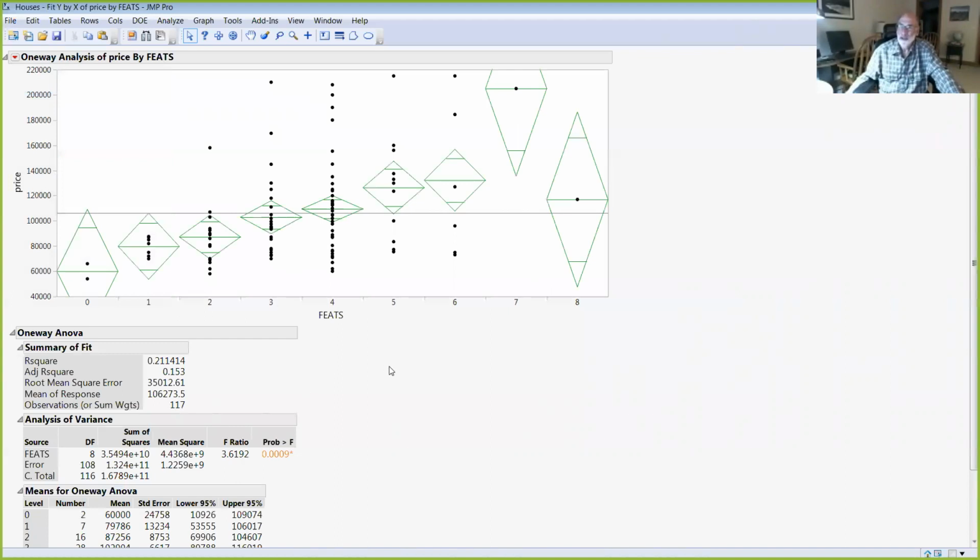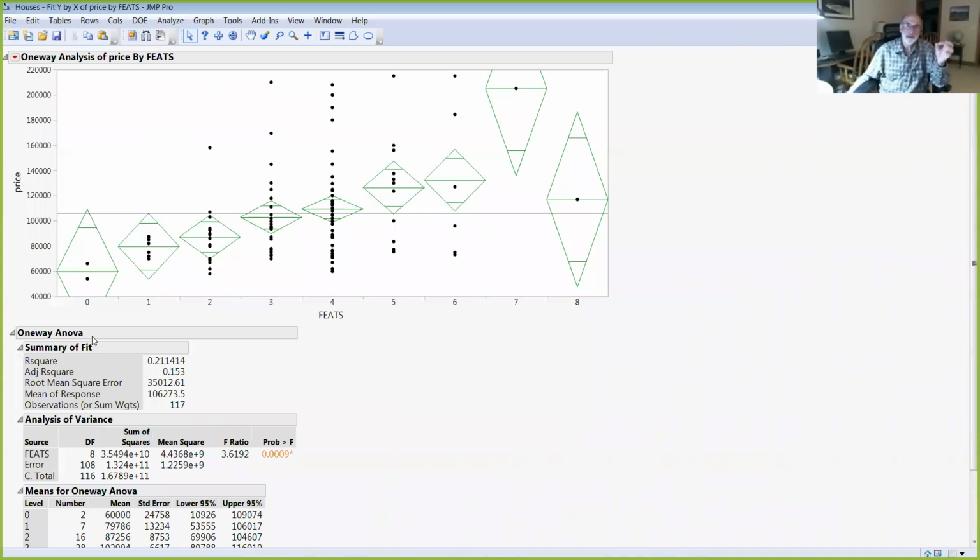And what an analysis of variance test does is it basically tests the hypothesis that every group has the same mean. In other words, there's no relationship between price and number of features. No matter how many features there are, every group, every number of features has exactly the same mean. You have to consider analysis of variance as a 2-step process.